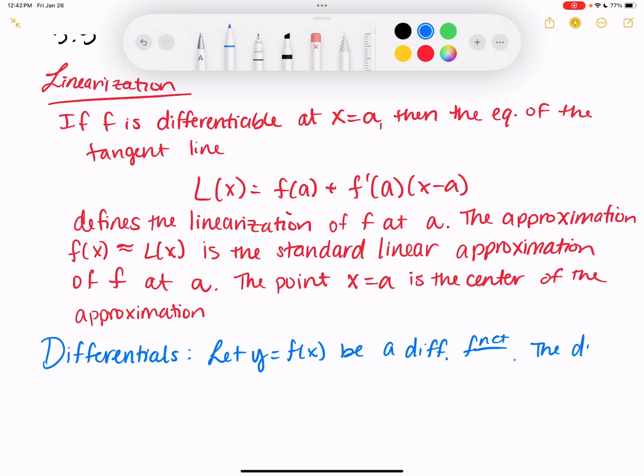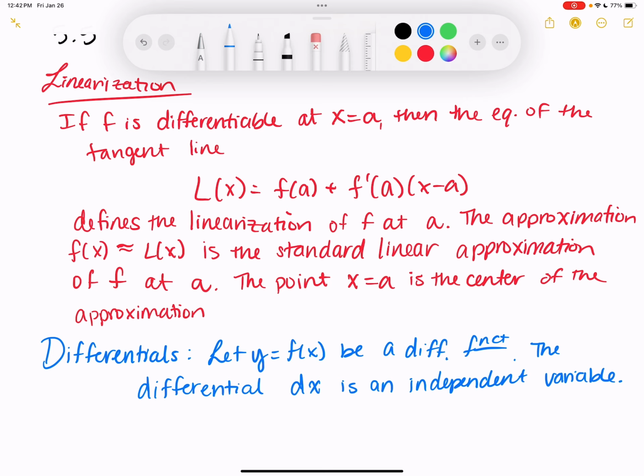The differential dx is an independent variable, and the differential dy is dy is equal to f prime of x dx.